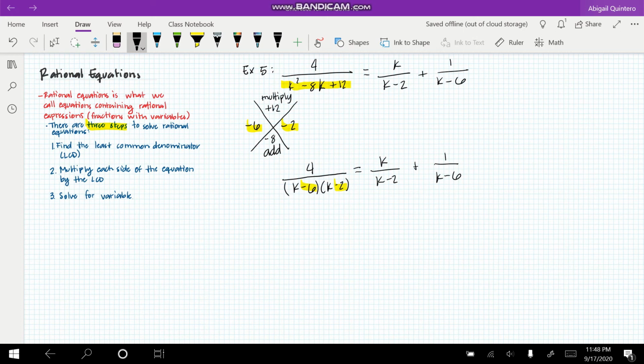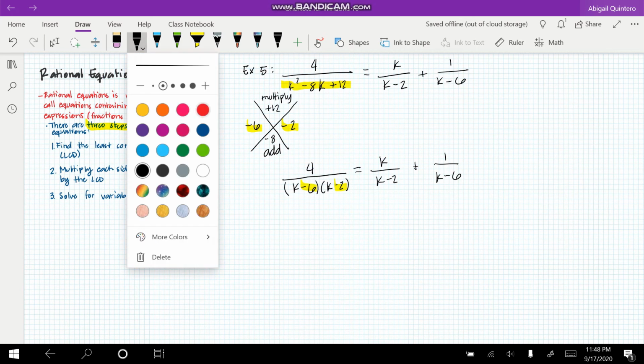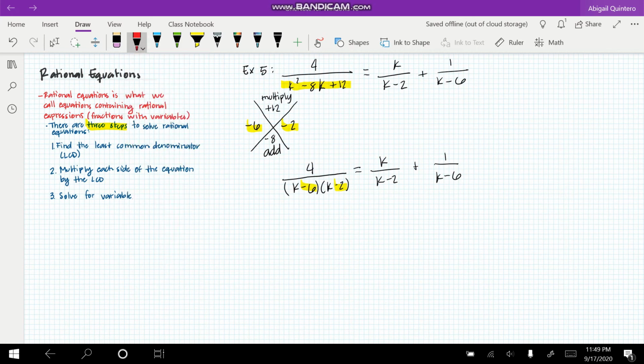Okay, so now that we have this, we can go ahead and try to find the LCD. So for our LCD, let's remember that if we have additions and subtractions on the denominators, then we're going to have to find the product, right? Our LCD will be the product of all the denominators. So in this case, I see that k minus 6 appears once on the first and the last fraction.